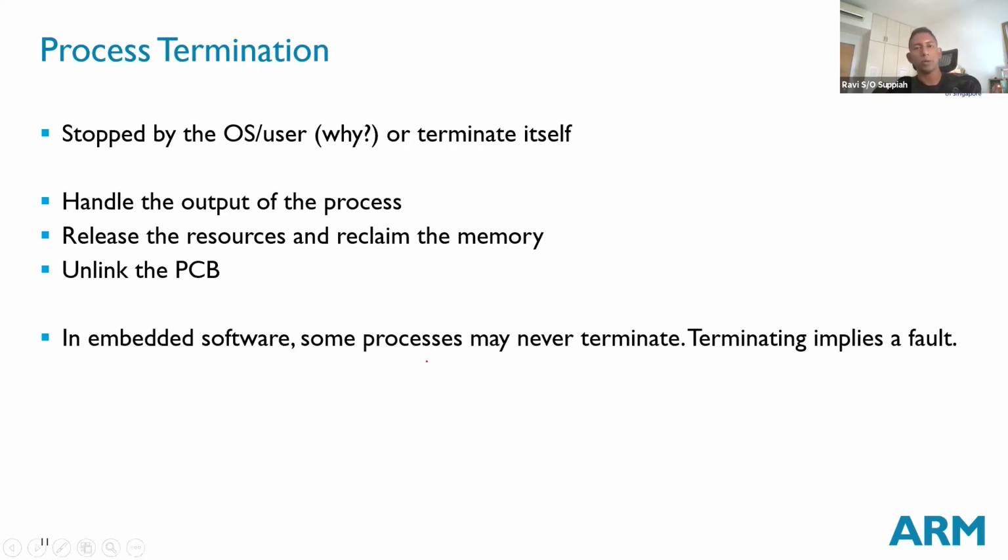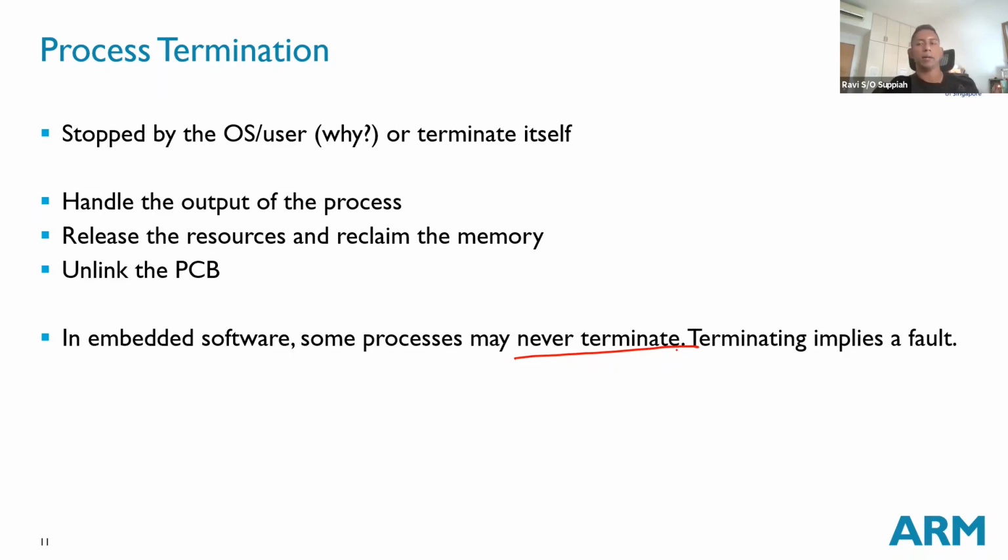Process termination, in our general purpose OS context, is equivalent to just closing maybe the browser or closing the Word or PowerPoint application. So you terminate the process, and the memory is freed back to the OS. But in an embedded system, you generally write processes that never terminate, because things are supposed to run indefinitely in an embedded systems context.